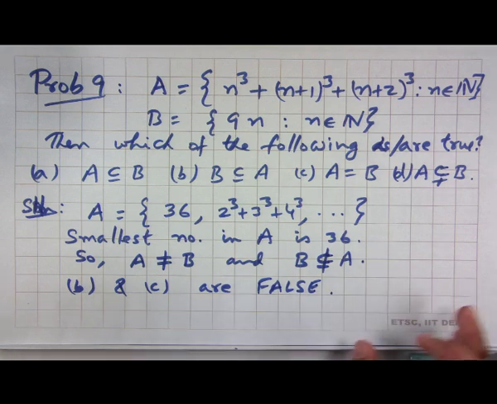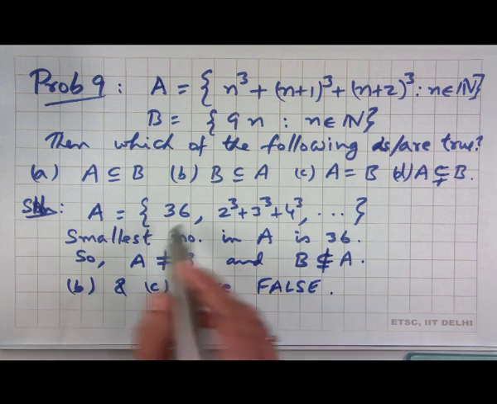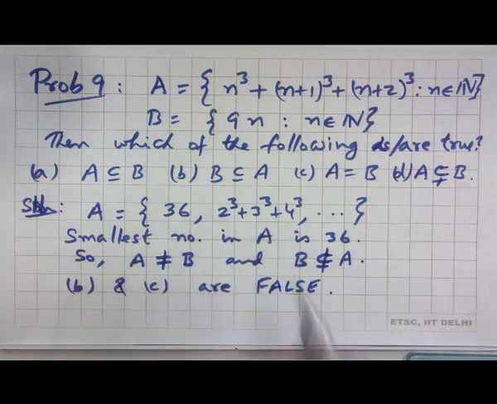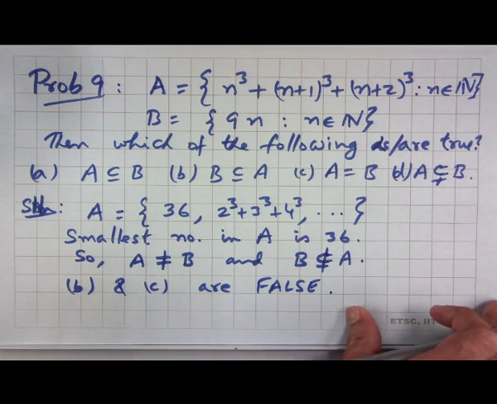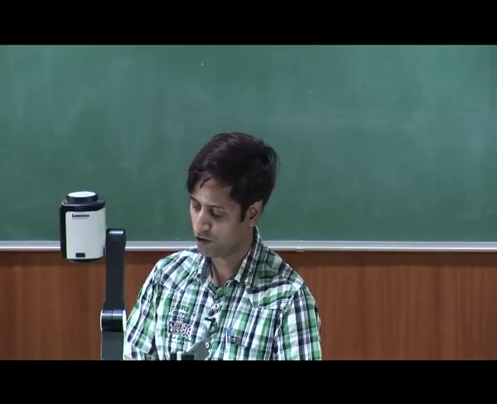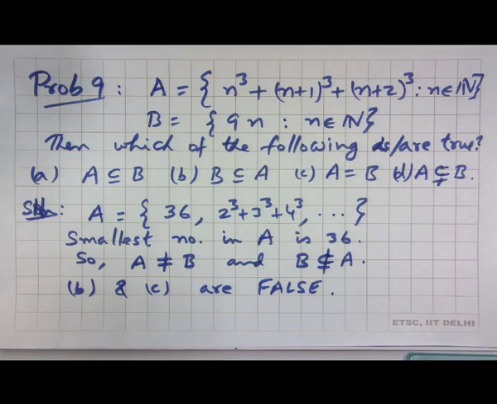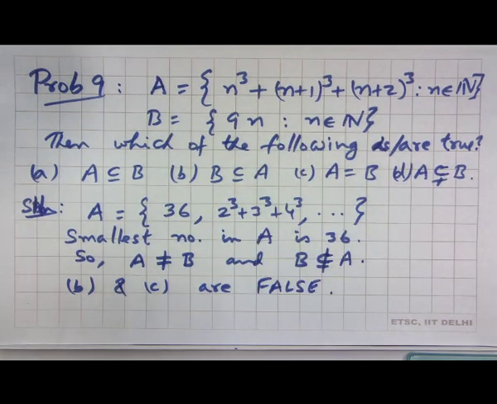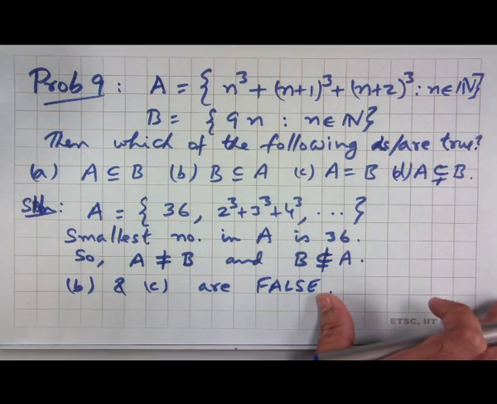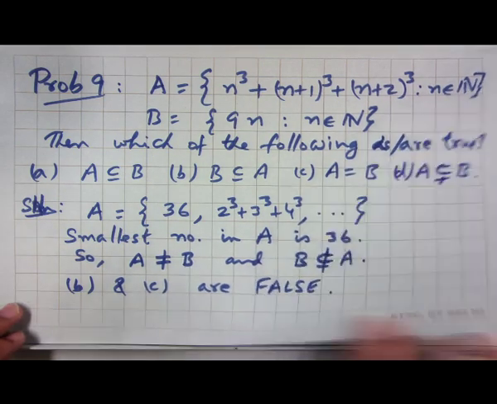Is A a subset of B? So, the first element 36 is a multiple of 9. The next one again, if you calculate, you can see that that is also a multiple of 9. So, it seems like all these numbers n cube plus (n plus 1) cube plus (n plus 2) cube are multiples of 9. But how do we prove that?